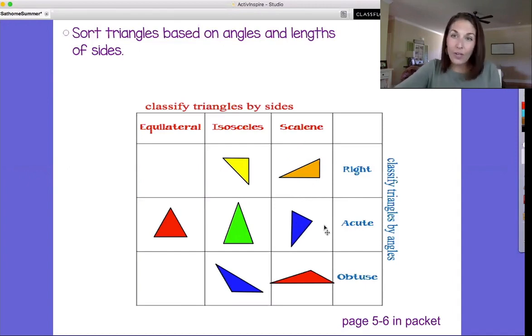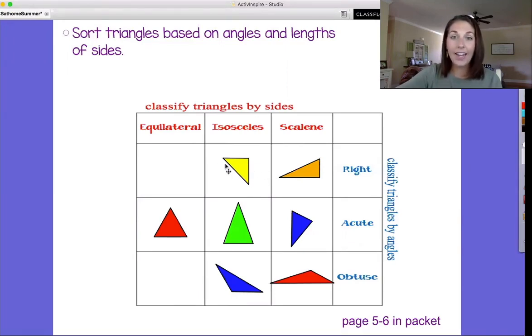Now I have 2 empty spots on my organizer: equilateral right and equilateral obtuse. Well, when we look at our right triangles and our obtuse triangles, I noticed something. If you have a right angle or an obtuse angle, you're going to have this diagonal that connects the 2 sides, and it's always going to be longer.